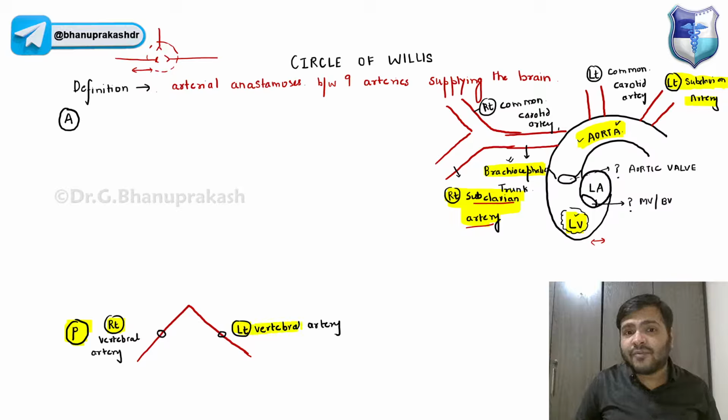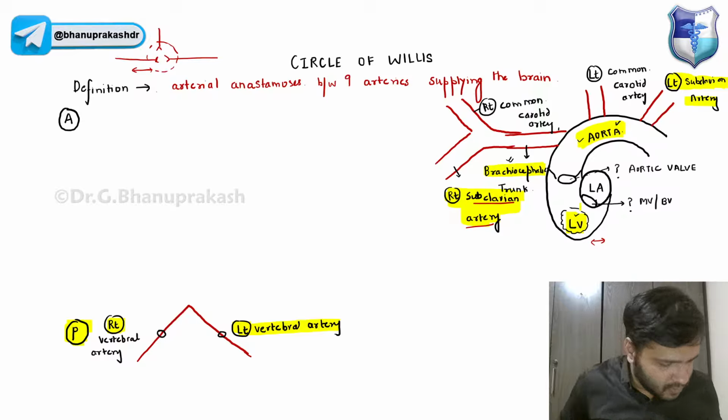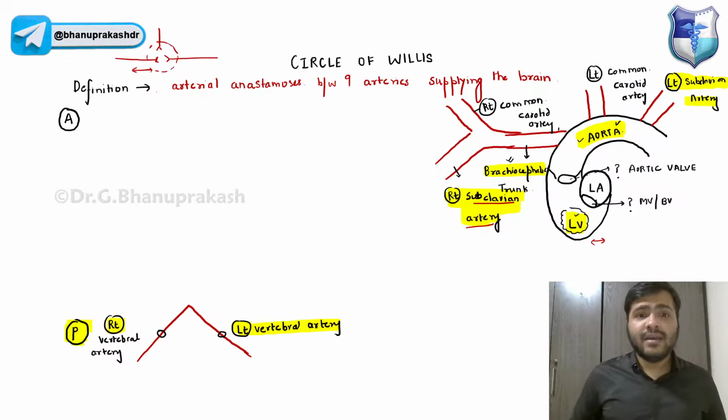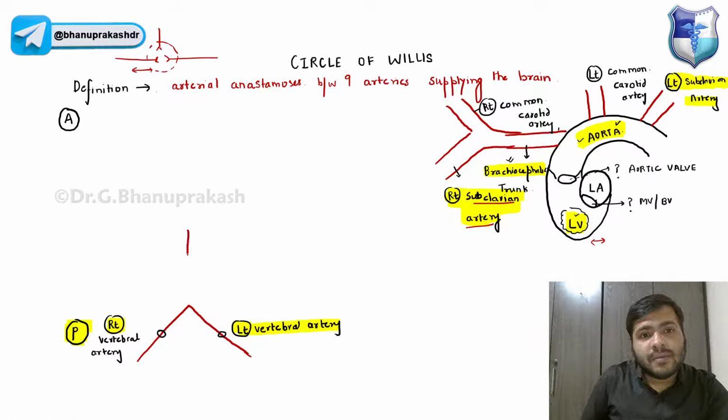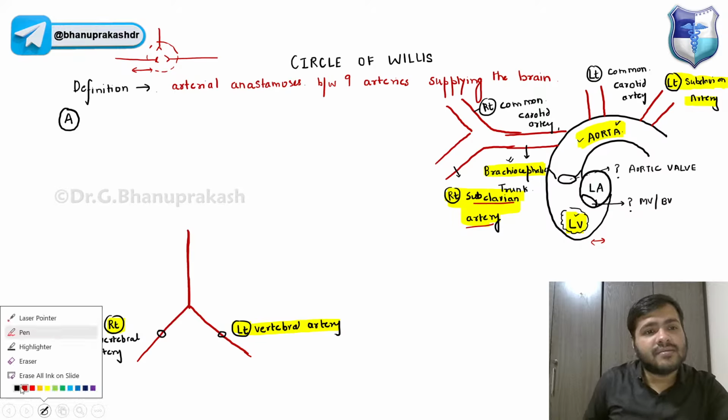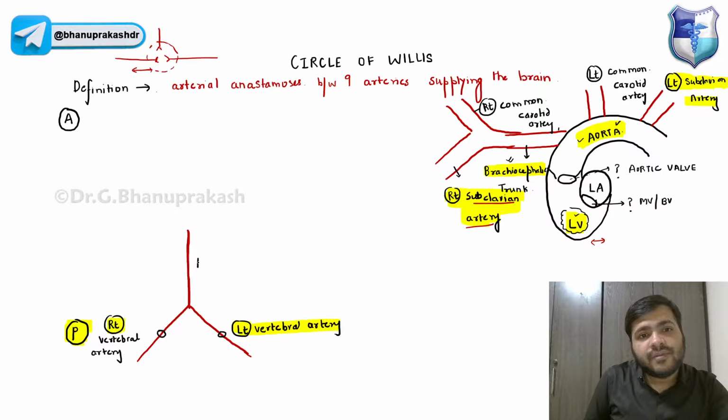The left vertebral artery comes from the left subclavian, coming from the aorta, and the aorta from the left ventricle. The right and left vertebral arteries will join together to form the basilar artery. So we have this basilar artery.